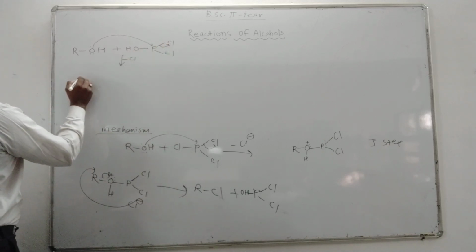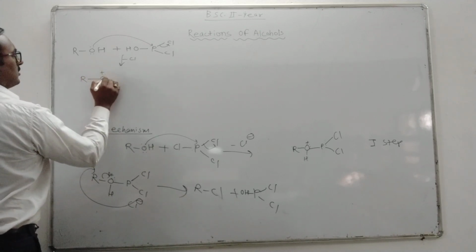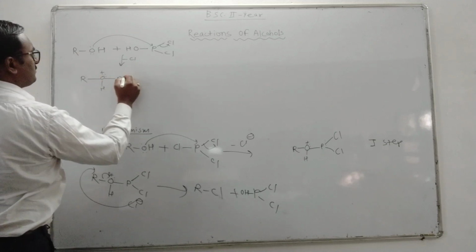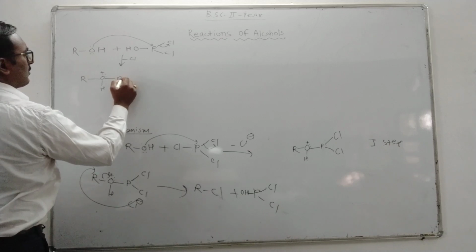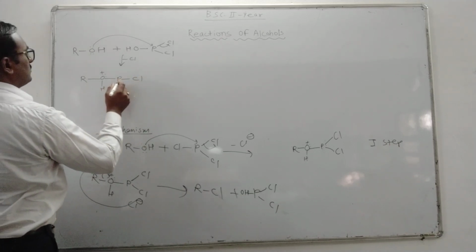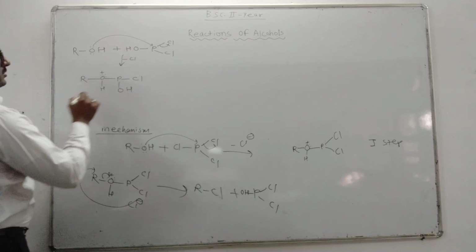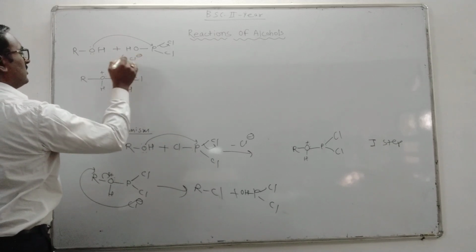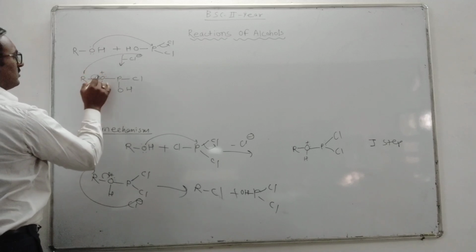Okay, so there is formation of ROH plus phosphorus, then Cl, then OH. Okay. This Cl minus anion attacks the carbon group.